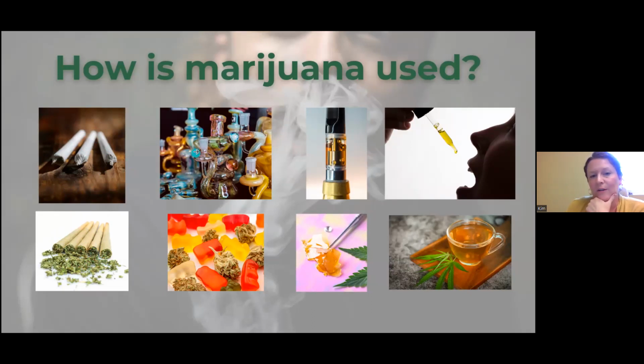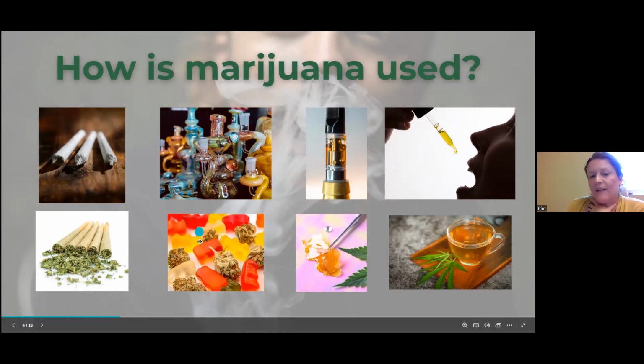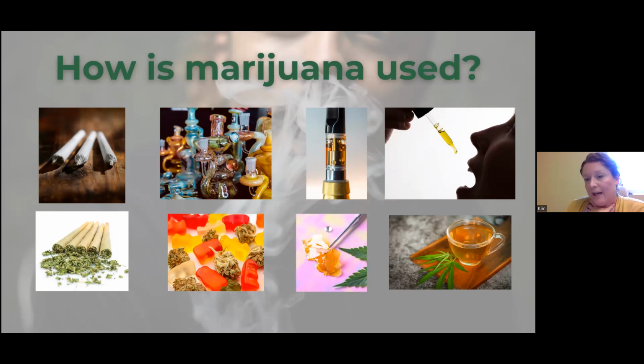We have the bongs, we have the vapes. Over here, we have the tinctures. And then we've seen the increase in edibles. And this is what they would consider to be called shatter, which would be considered a high potency dab.